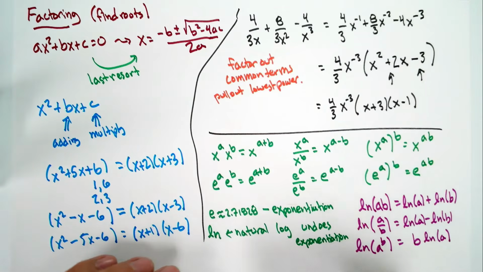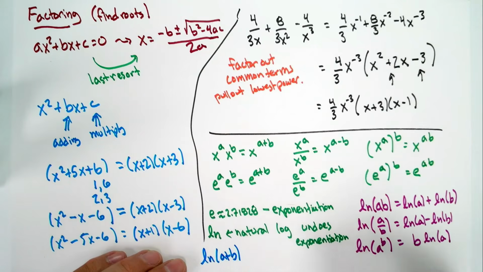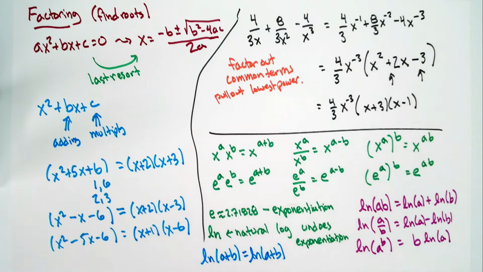Now you might say, okay, how about log of a plus b? What does that become? All right, good question. The answer is log of a plus b. It doesn't simplify. And what you're seeing here is that there's this interplay between addition and multiplication.